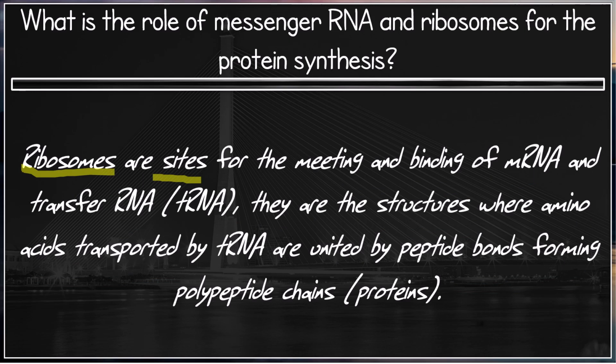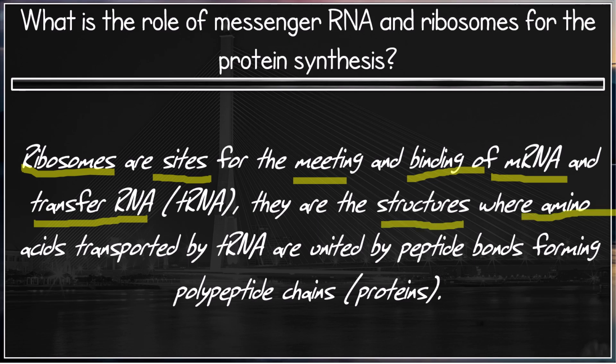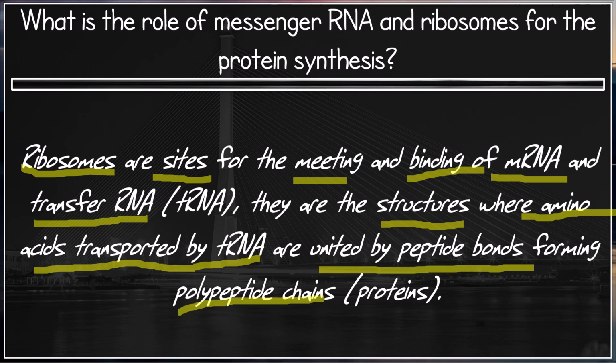Ribosomes are sites for meeting and binding of messenger RNA and transfer RNA. They are structures where amino acids transported by transfer RNA are united by peptide bonds, forming polypeptide chains or proteins.